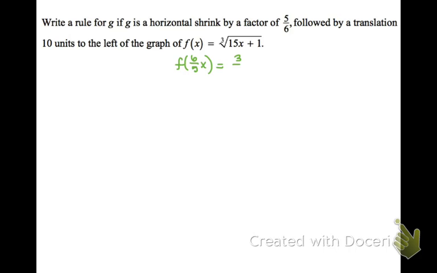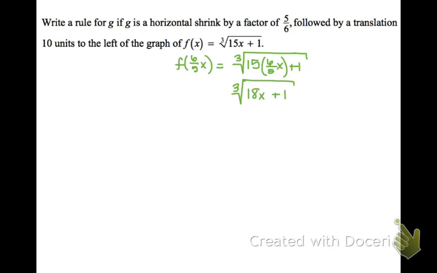So this becomes the cube root of 15 times 6 over 5x plus 1. 15 times 6 is 90, and then 90 divided by 5 is going to be 18. So we have the cube root of 18x plus 1. We haven't changed that bit yet.